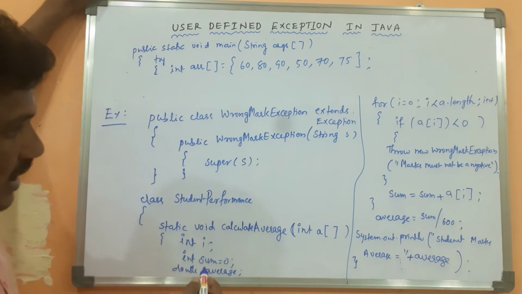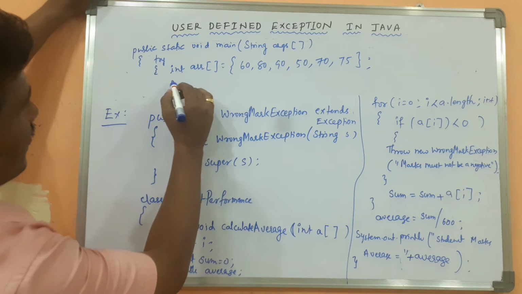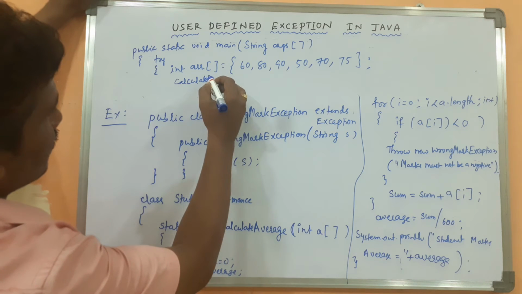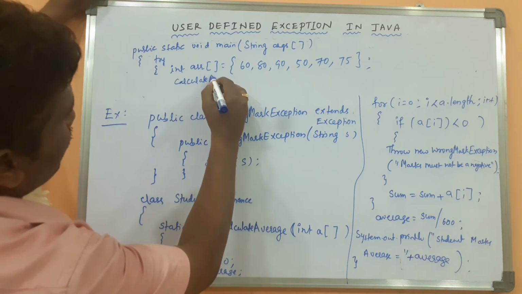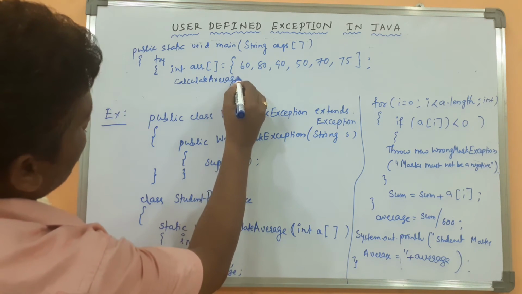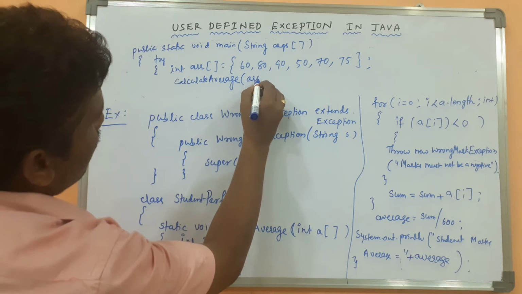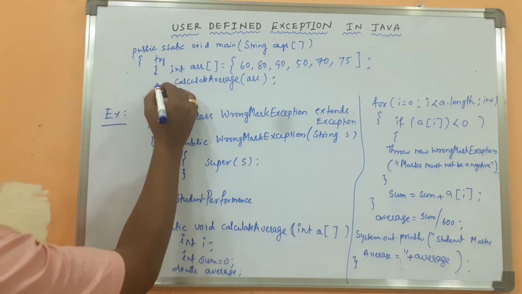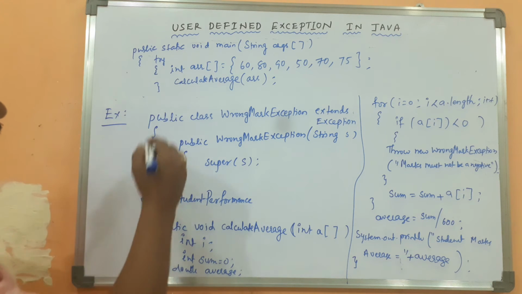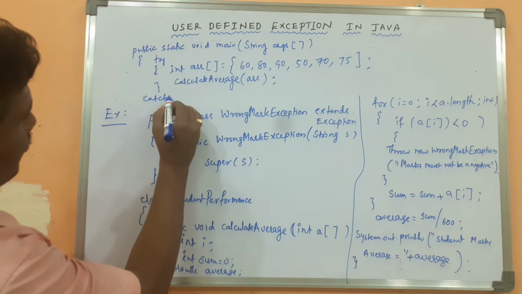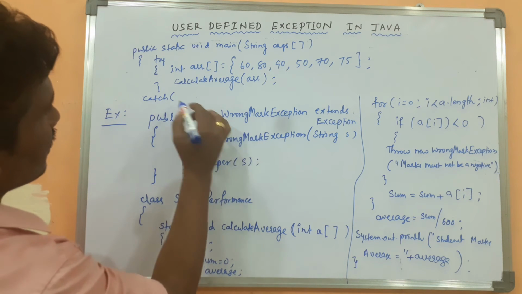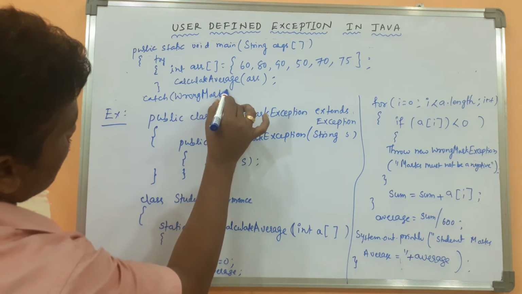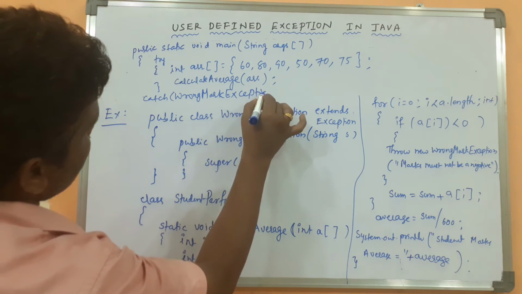Then what I did here, calculate average, followed by the array name. Then here catch. What is the exception we are given here? WrongMarkException e.